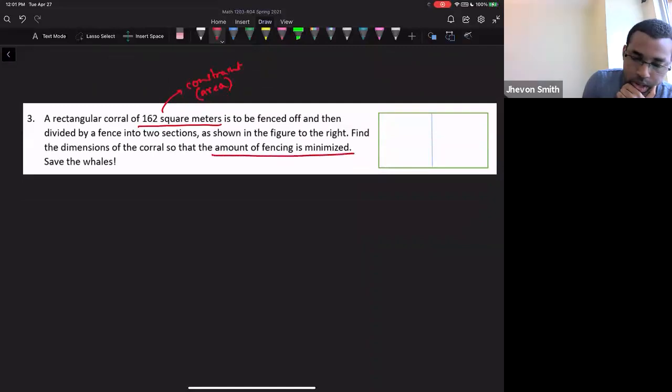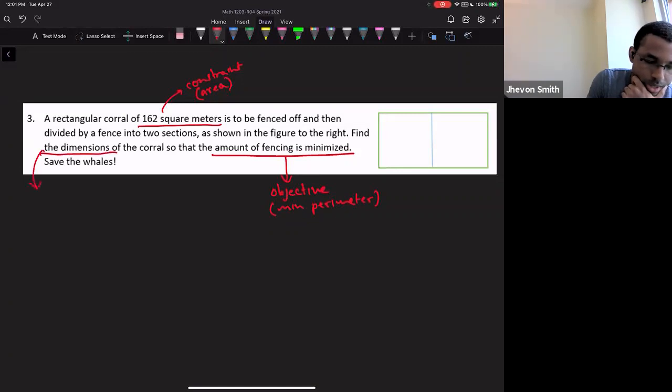So here we want to minimize fencing. This is the objective. We want min perimeter. And what do we want? We want the dimensions.